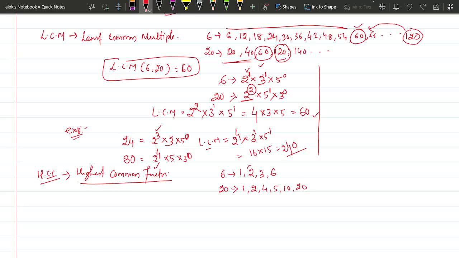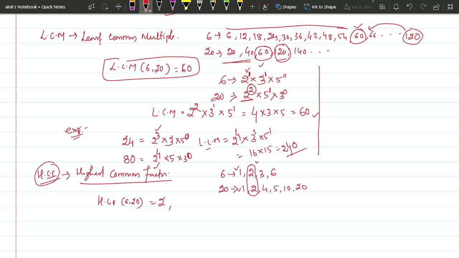So here you can clearly see that the highest common factor will be 2. 1 is a common factor, but that is the least common factor, and we find the highest common factor, so the highest common factor will be 2. No number higher than 2 is common, so the HCF of 6 and 20 will be 2.